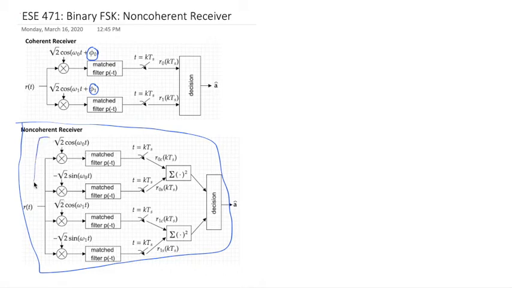Here's my first part of the signal, correlating with cosine and sine. And my second part of the signal at omega 1 is correlating with the cosine and the sine at omega 1. After running my correlation receiver or matched filter receiver, I sample, and I square the cosine and the sine part, and that gives me the magnitude squared. If these are I and Q components, then what I get is the magnitude squared.